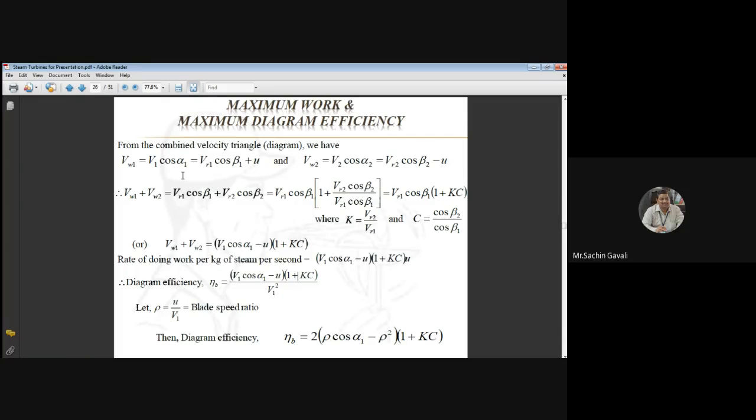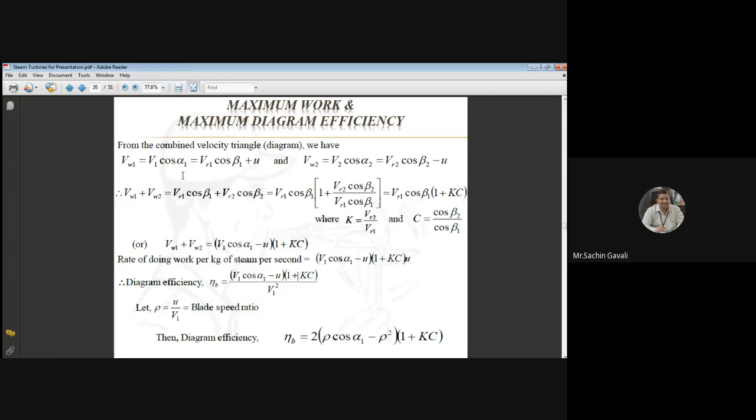If you write VW1 is equal to V1 cos alpha 1, so cos alpha 1 is equal to VW1 divided by V1. Therefore VW1 is equal to V1 cos alpha 1.